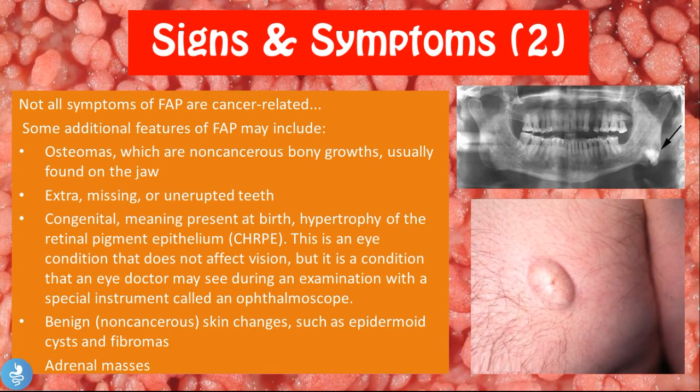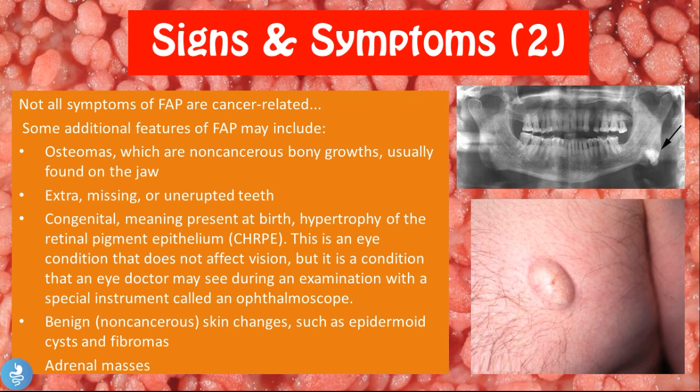So something interesting about FAP is that not all the symptoms of FAP are cancer-related. Some additional features of FAP may include osteomas, which are non-cancerous bony growths usually found on the jaw. And this is an X-ray here, which shows this osteoma, which is found on the mandible of this patient.